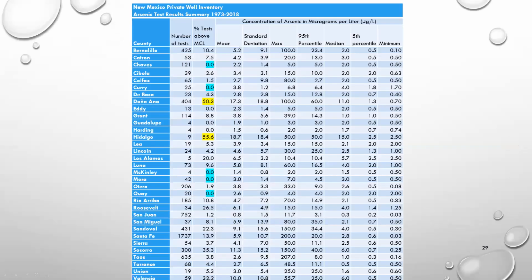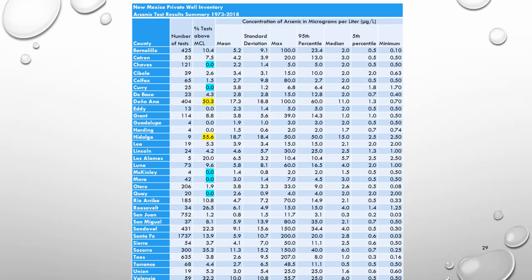I know this is a big table and probably hard to see. This is a summary of arsenic by county. Highlighted in yellow are the counties with the highest percent of tests that are above the MCL of 0.01 milligrams per liter. The highest, little caveat here, there were only 9 tests in this county.